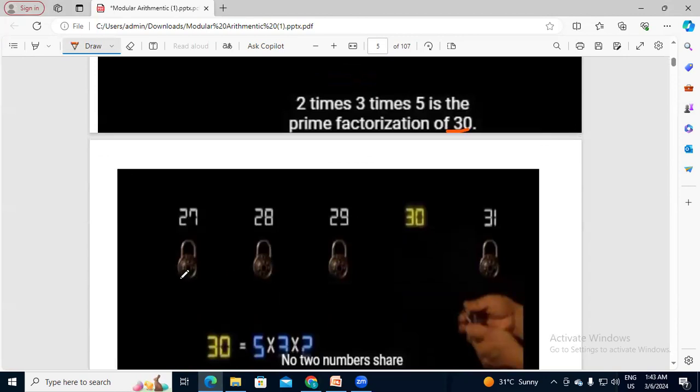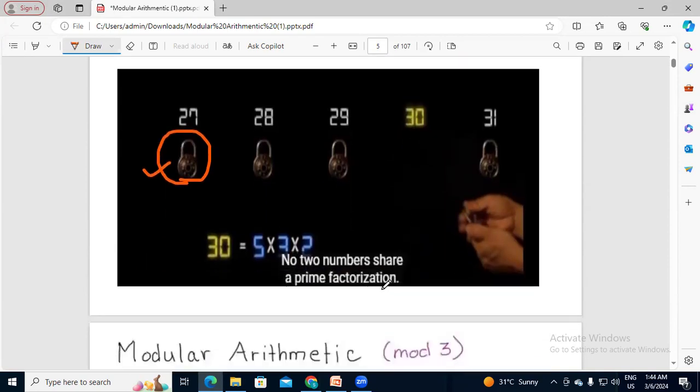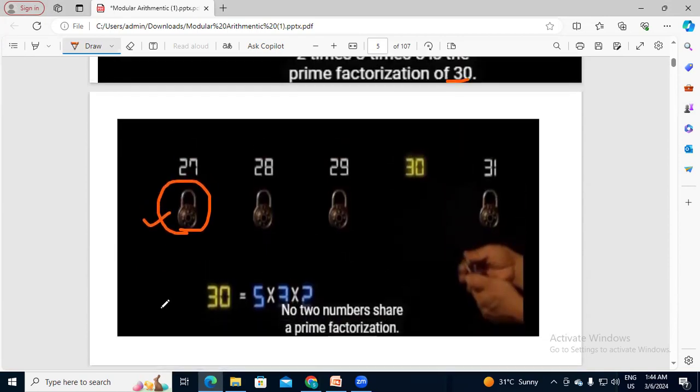So you can consider the composite number to be the lock, and its prime factorization will be the key. So 30 will be the lock, and to unlock that lock, we need to enter the key.